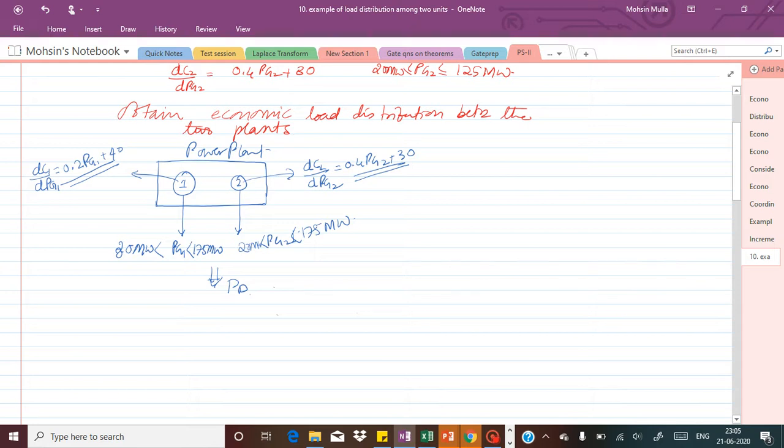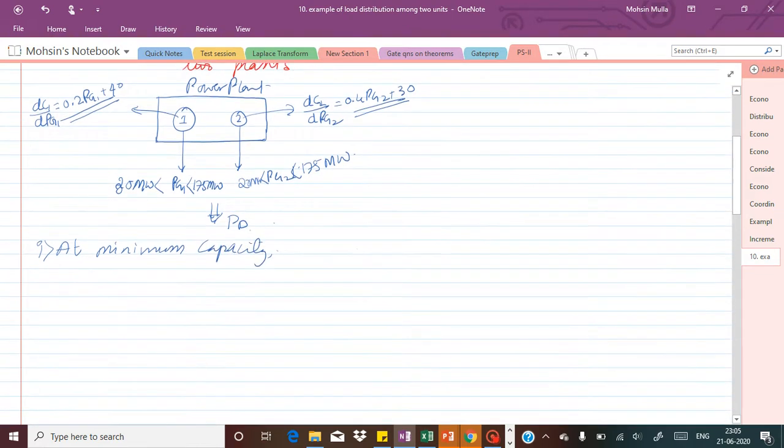So we'll take the first situation, condition 1, at minimum capacity. Here the minimum capacity of Pg1 is 30 and Pg2 is 20 megawatt.